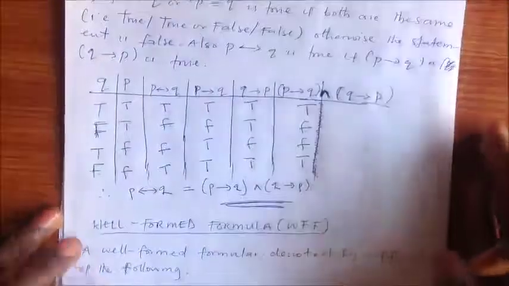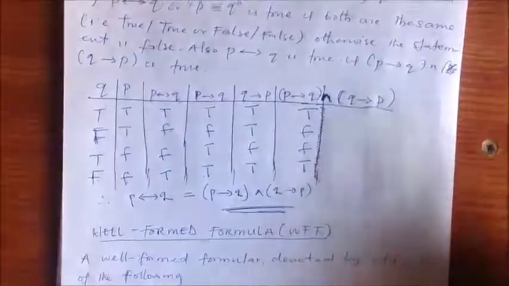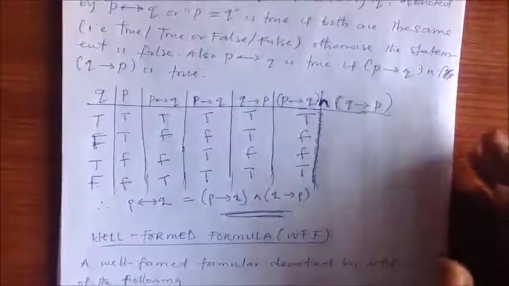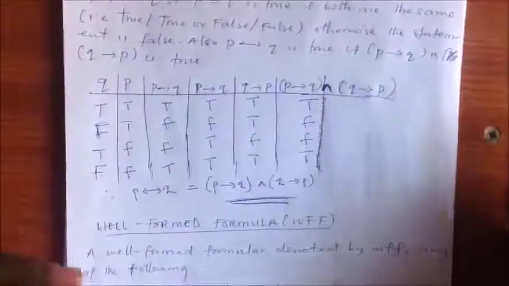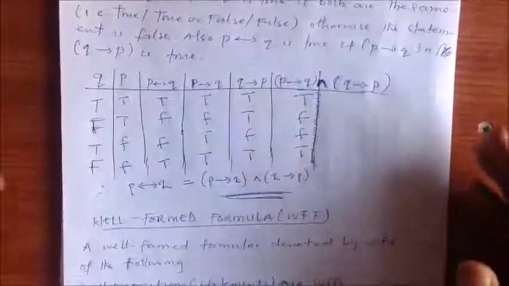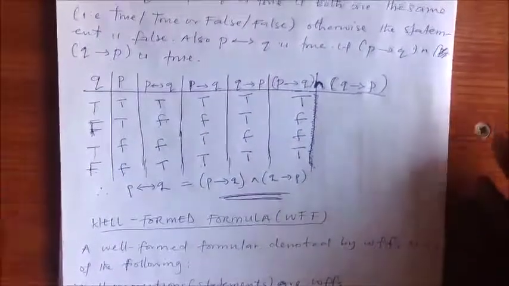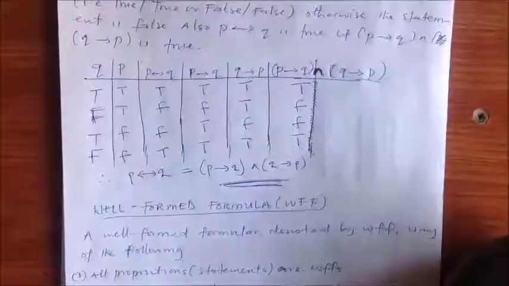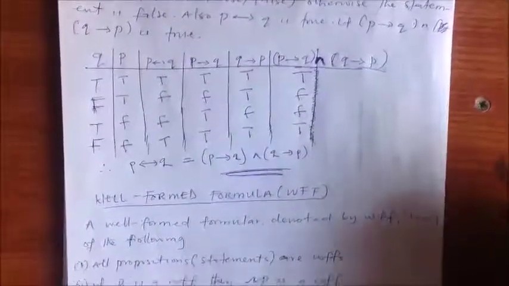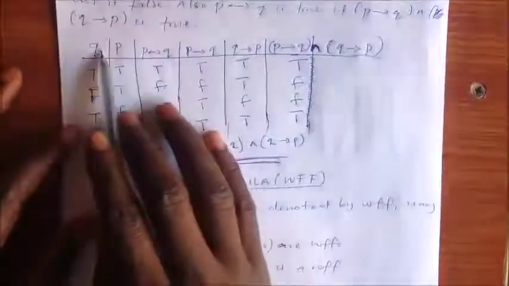Now we are done with the connectives. So now we are going to talk about well-formed formulas. A well-formed formula tells us how a formula is stated using well-defined connectives. In well-formed formulas, all propositional statements are well-formed formulas.